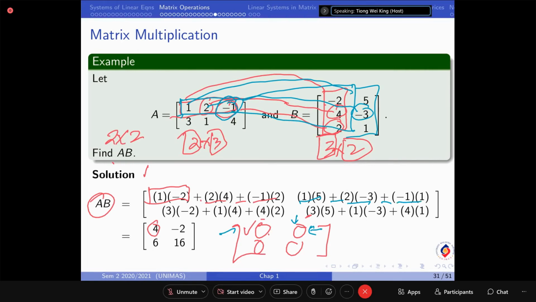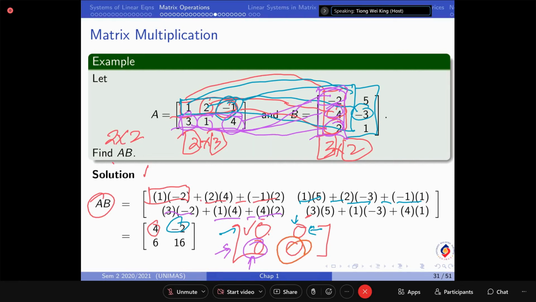Simplify, you get -2. And the third one is row 2, first column. So you take the second row, multiply with the first column. So 3 times -2, plus 1 times 4, plus 4 times 2.